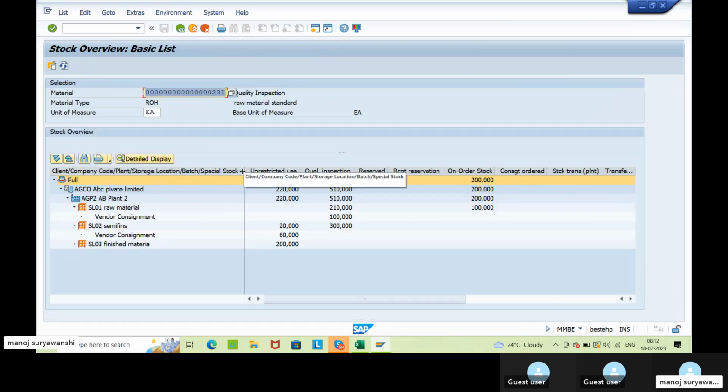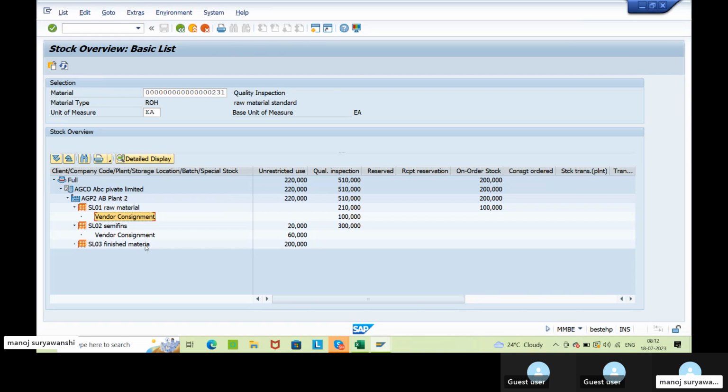Now here I have some stock quantities in consignment stock. You can see here some quantities are available in SL02. Now here in SL01 I have a vendor consignment stock, 100 quantities in quality inspection, and here in SL02 I have vendor consignment stock of 60 quantities.